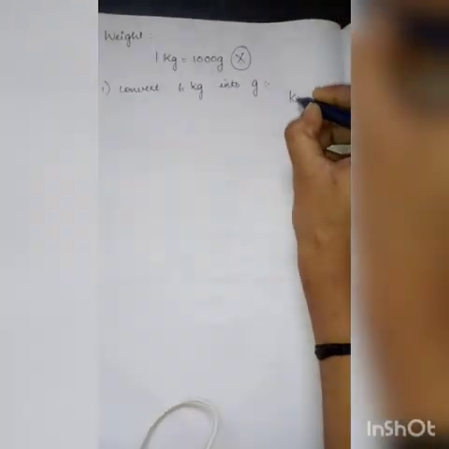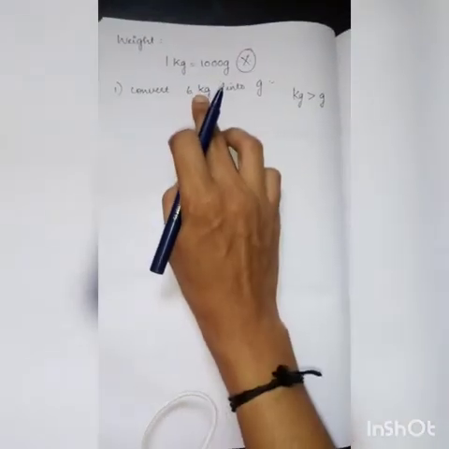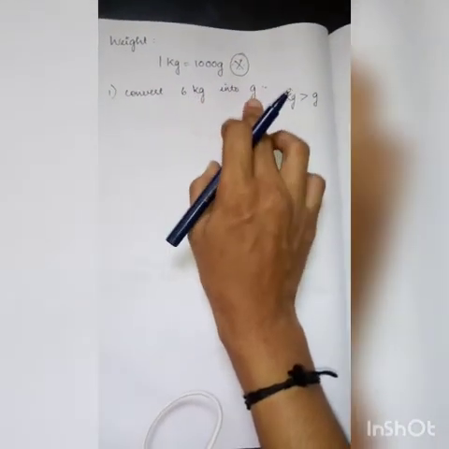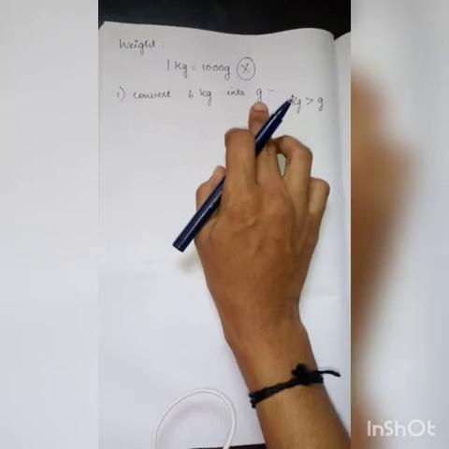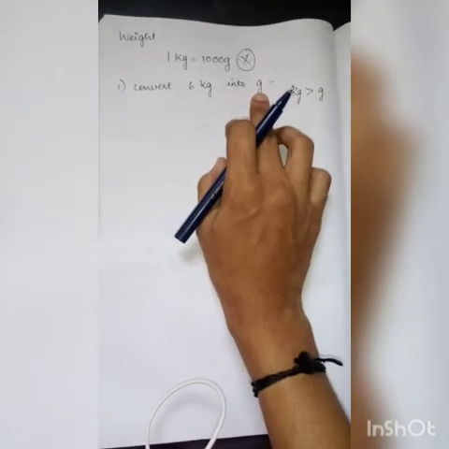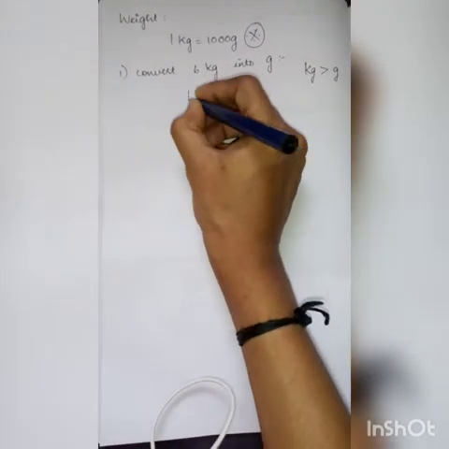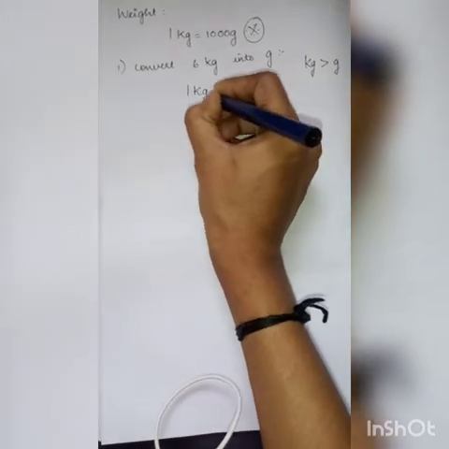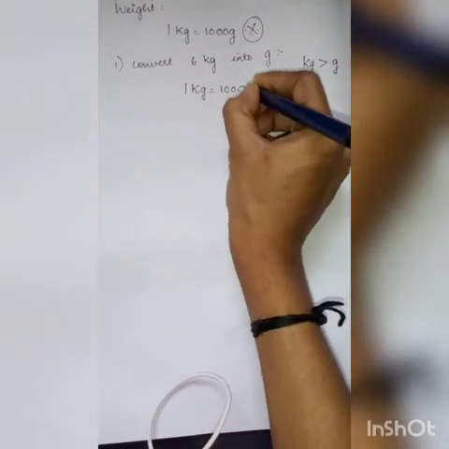Kilogram is obviously greater than gram, right? So it is a calculation from bigger to smaller. So what you will do? You will multiply it, bigger to smaller, multiplication. So what is the formula related to kilogram? 1 kilogram is 1000 grams.